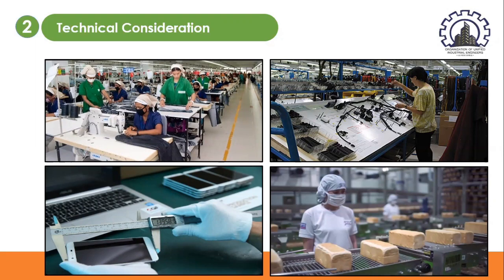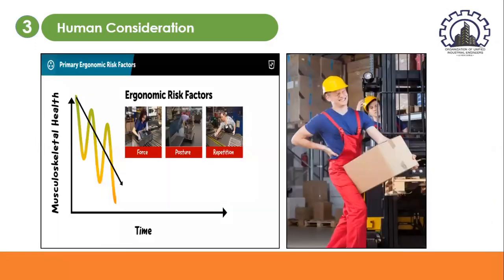And human considerations may involve highly repetitive jobs leading to work-related musculoskeletal injuries or MSD injuries. Also, we have high accident rate jobs, excessively fatiguing jobs, or even jobs about which workers constantly complain.